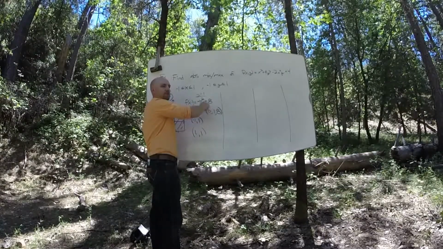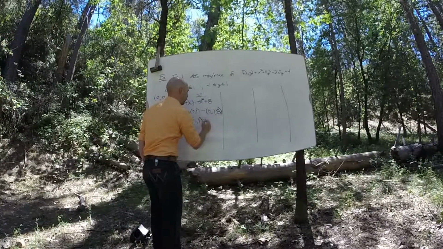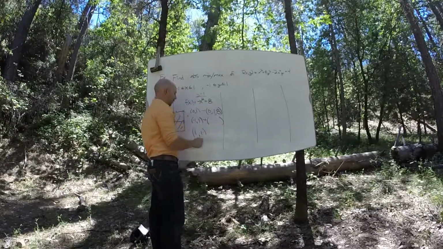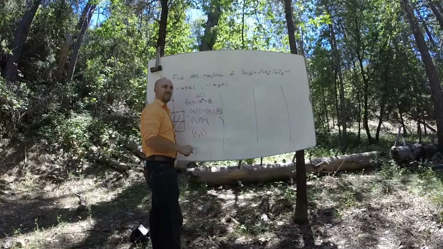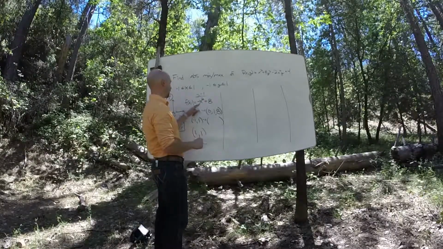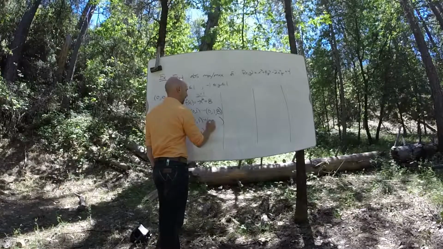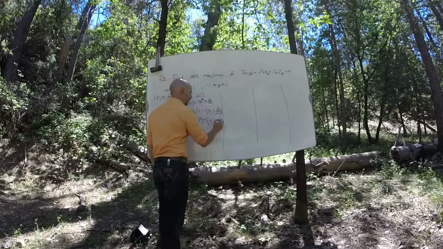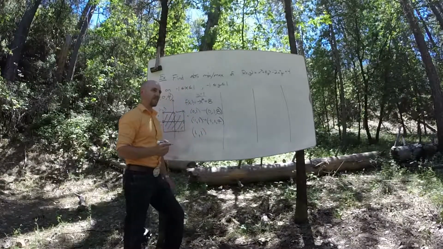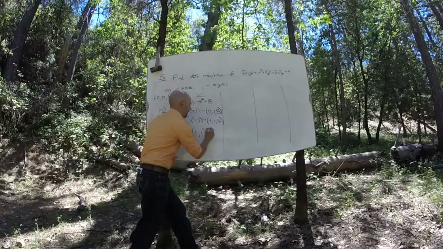So I may as well just plug 0 in for that. All right, how about negative 1, 1? If I plug that in, I get negative 1, 1, 7. Okay, and 1, 1, 7.